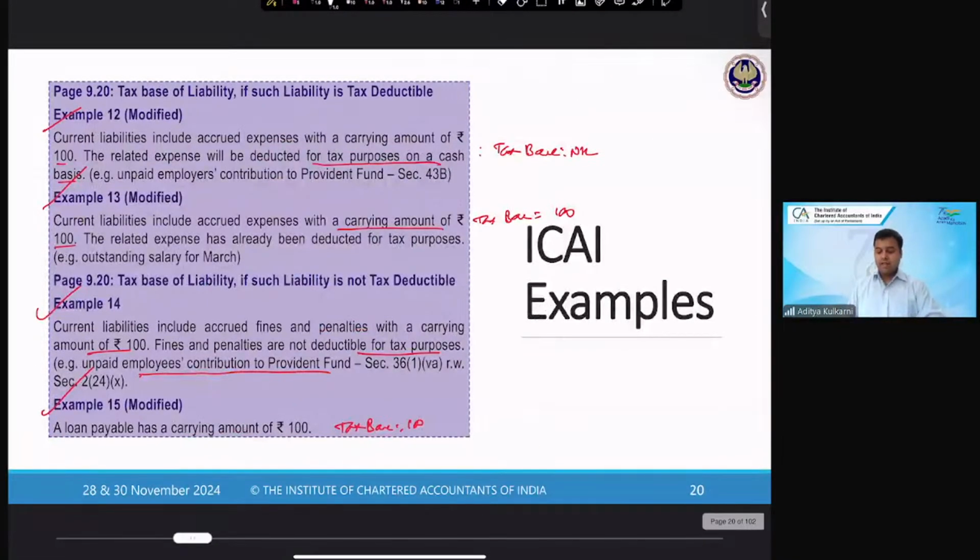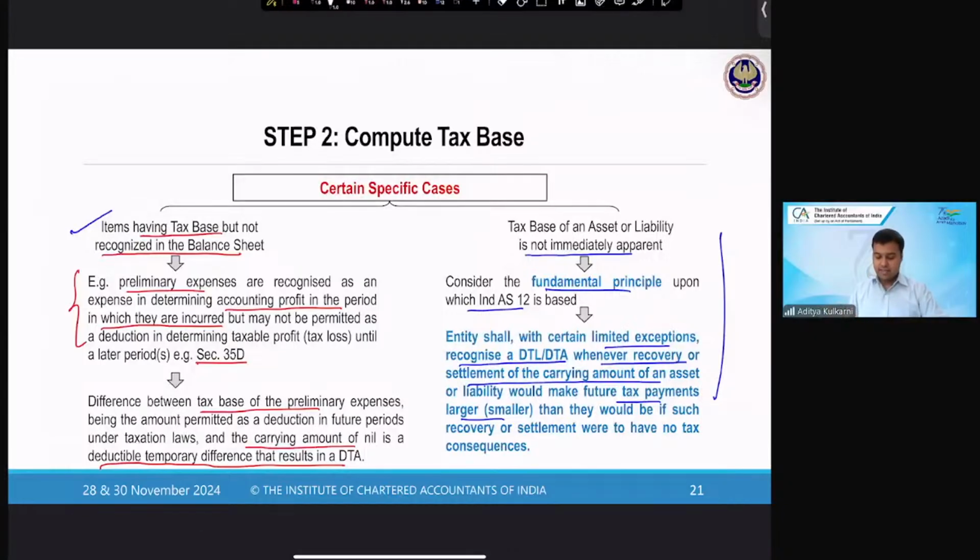There are a lot of examples given in your study module for identifying the tax base, etc. So please try to do that and close it.